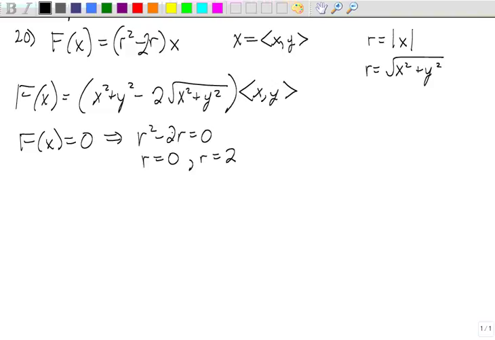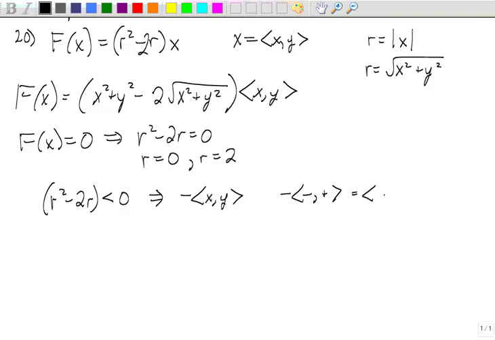So let's see, when r squared minus 2r is less than 0, okay, let's see, that's going to make this a negative times (x, y). So when you have x negative and y positive, that's going to make the vector positive and negative. Let's try all the cases here.